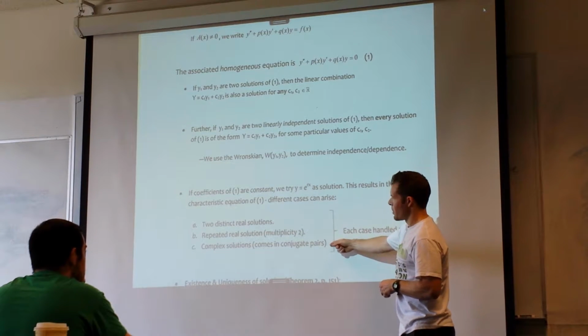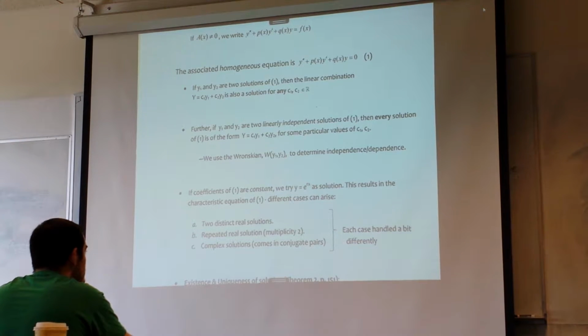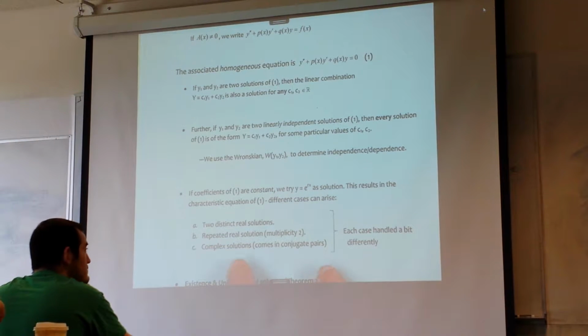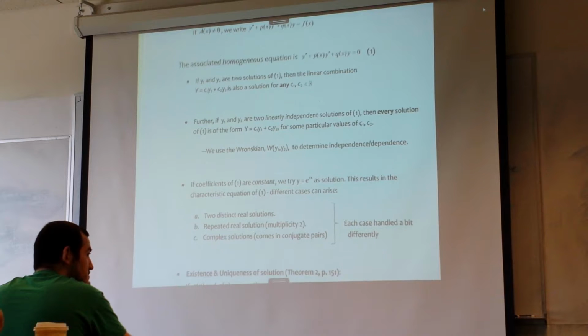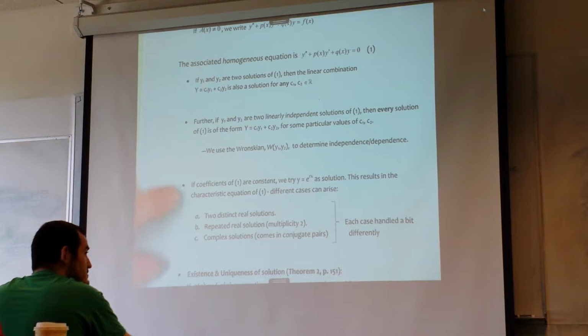There can also be complex solutions. We're going to look at that today. Okay. You could have purely imaginary or true complex solutions. Okay, but this is the big method. In fact, 3.2 and 3.3 restrict themselves to just constant coefficients. Okay, linear constant coefficients. So this is our main method of attack.